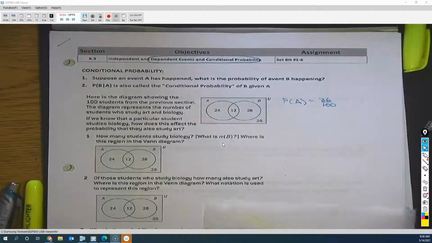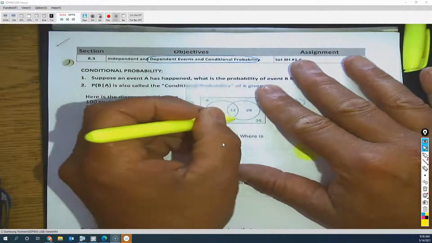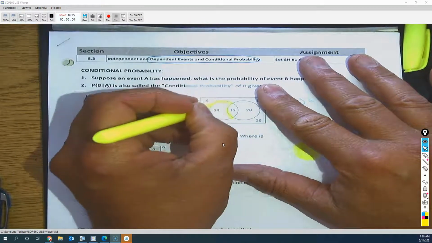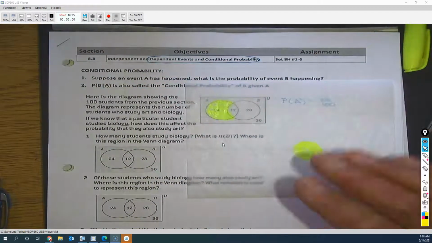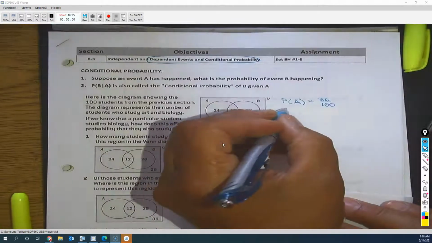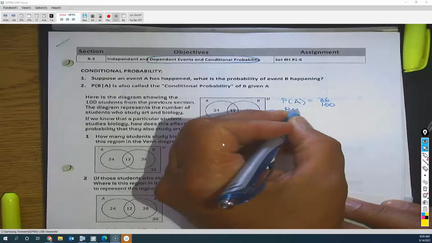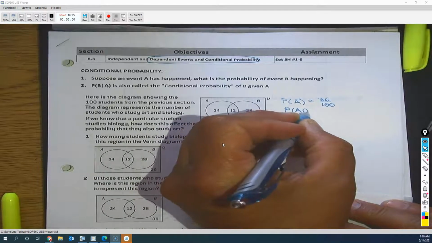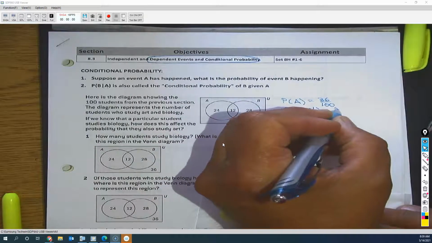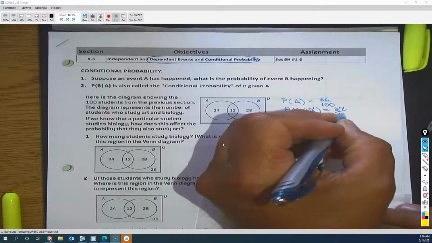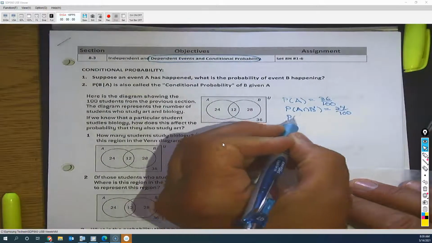What about the probability of only A? Yeah, 24 out of 100. So only A, we'd write A intersect not B. That's only A, 24 out of 100. What's the probability of studying biology?